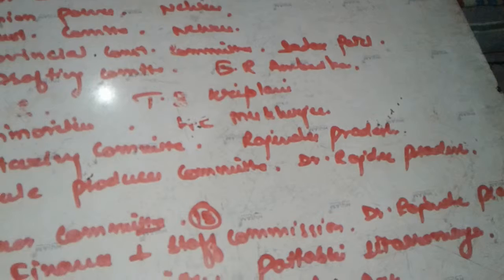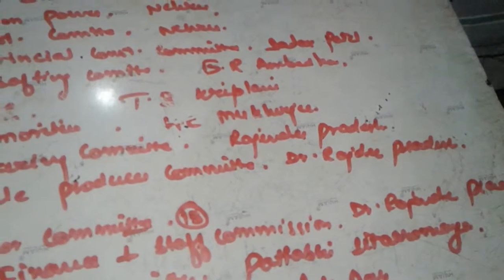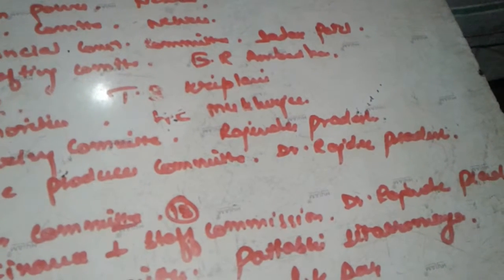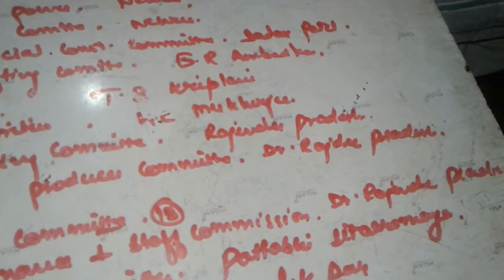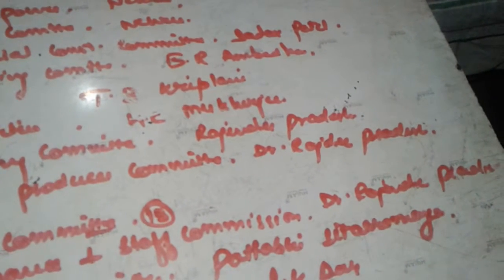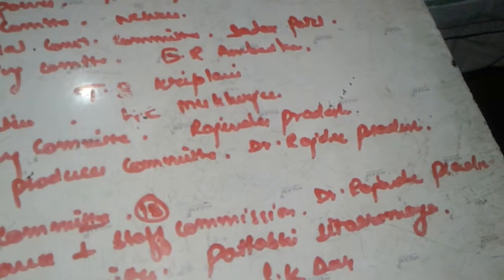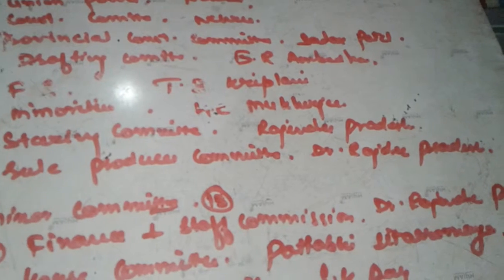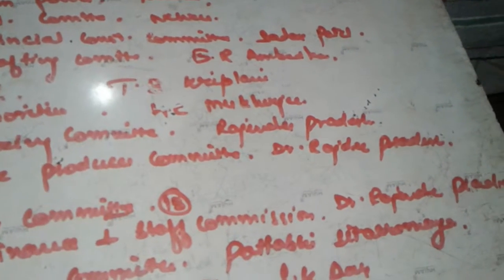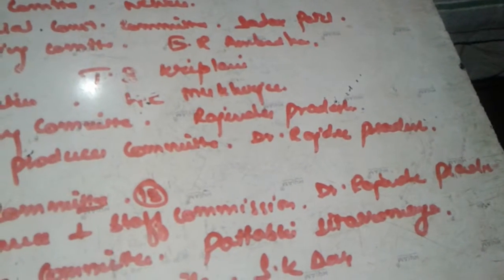The major committees in that period: Union Powers Committee, Jawaharlal Nehru; Union Constitution Committee, Jawaharlal Nehru; Provincial Constitution Committee, Sardar Patel; Drafting Committee, Dr. B.R. Ambedkar; Fundamental Rights Sub-Committee, J.B. Kripalani; Minorities Committee, H.C. Mukherjee; North East Frontier Tribal Area Committee, Gopinath Bardoloi; Steering Committee, Dr. Rajendra Prasad; and the States Committee for negotiating with states, Jawaharlal Nehru.